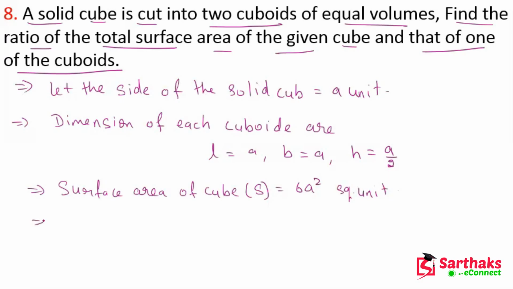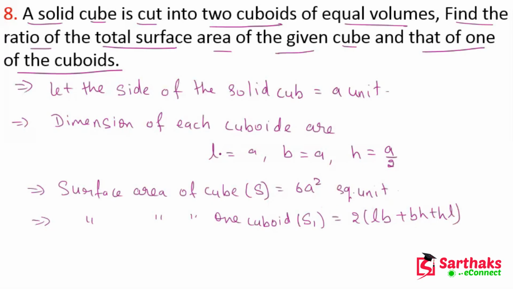And the surface area of one cuboid, represented as S1, uses the formula 2 into (LB plus BH plus HL).